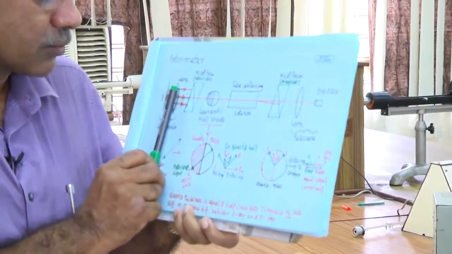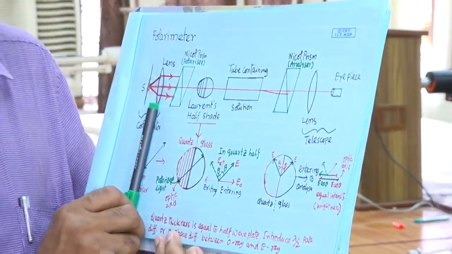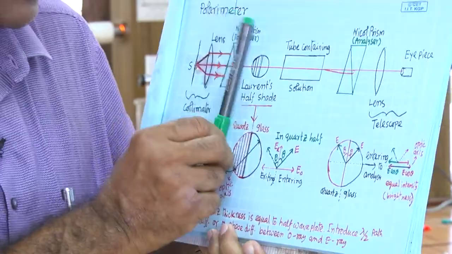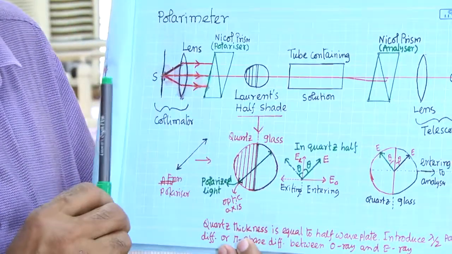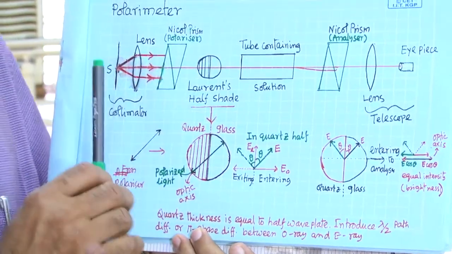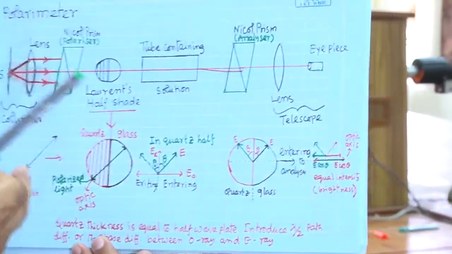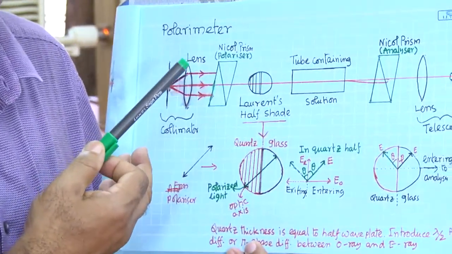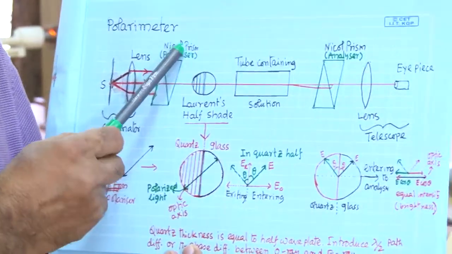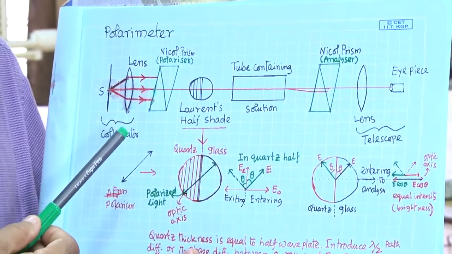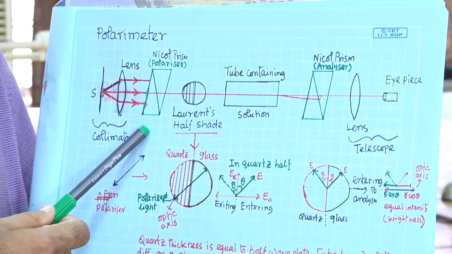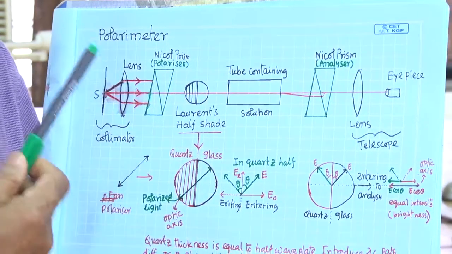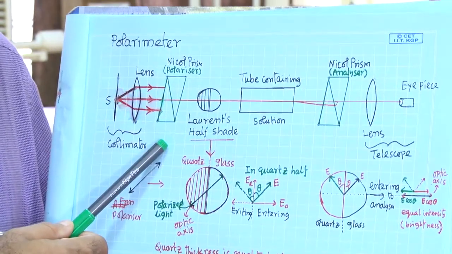Okay. So, it is producing parallel rays. Okay. Then we have a polarizer. That is nothing but the nicol prism. What a nicol prism is, I described earlier. Okay. So, basically it produces polarized light, plane polarized light. Okay.